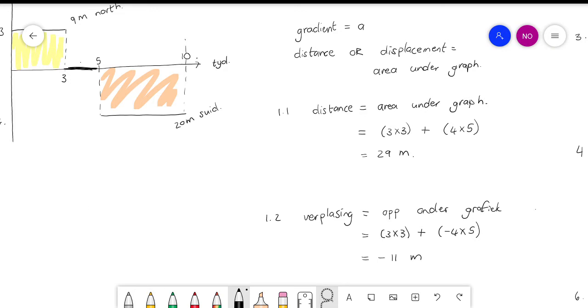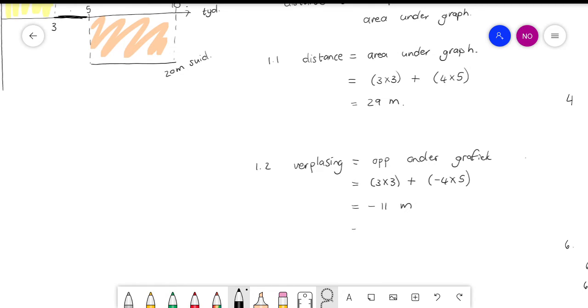Am I allowed to leave it like that? No. You go and rewrite it as 11 meters south. 11 meter suid. Okay. So met ander woorde, hier het hy begin, hy het 9 meter soontoe gegaan, toe het hy omgedraai en 20 meter soontoe gegaan. So hierdie afstand gaan 11 meter wees.